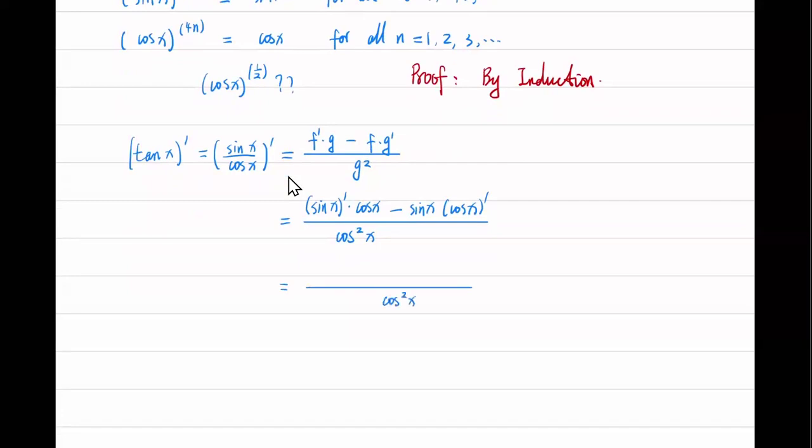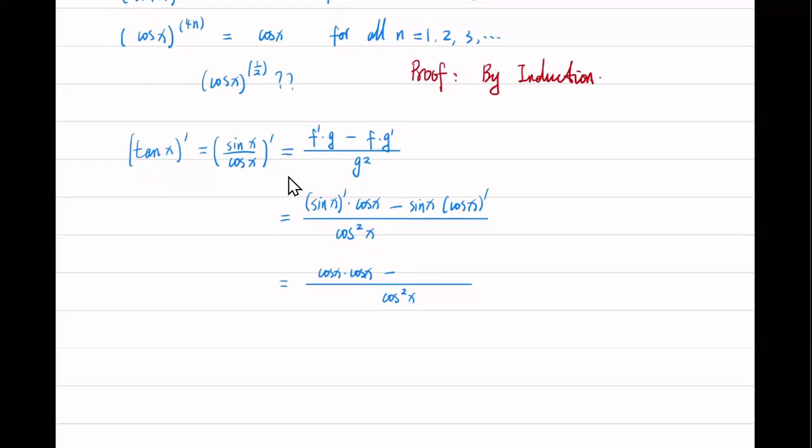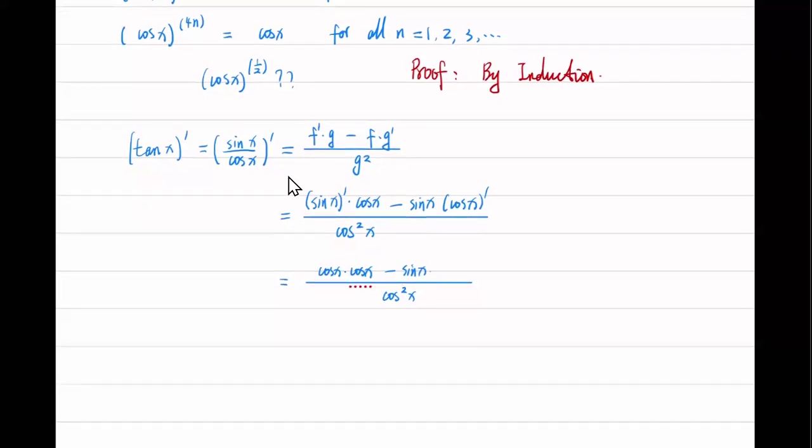Sine. Okay, Sophia, what's the derivative of sine? Cosine x. Cosine x, cosine x. And Zichen, what's the derivative of cosine x? Negative sine x. Negative sine x.